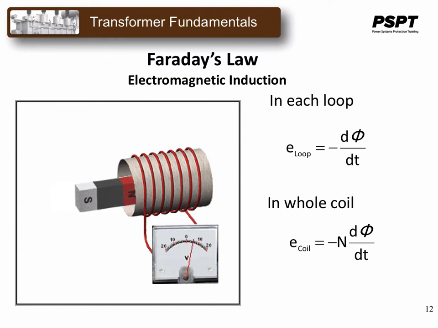And if you wrap 10 turns in the way of a coil, then you have to multiply that voltage by 10, because each loop will have the same voltage induced in it. So it would be a series of voltages connected together. So you have to multiply by the number of turns of that coil. So the voltage that you see on the meter is the number of turns in the coil times the change in the magnetic flux over a period of time.